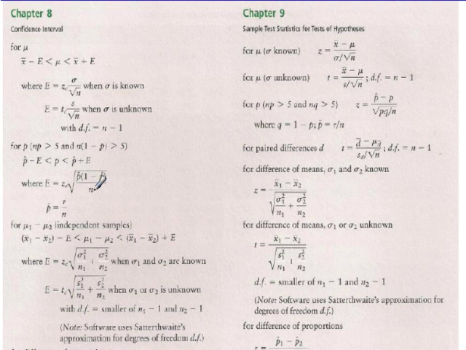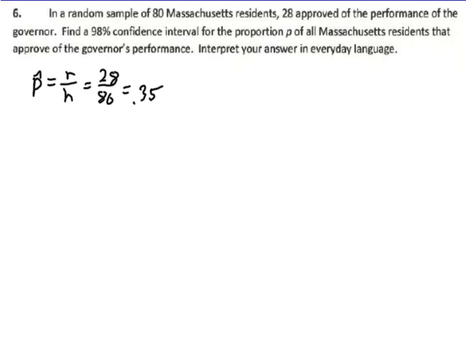So let's copy down this formula and plug in some numbers. We have P hat minus E and P hat plus E. Again, we already have our P hat. And E, the error, is Z C. And in this case, the confidence level is 0.98.